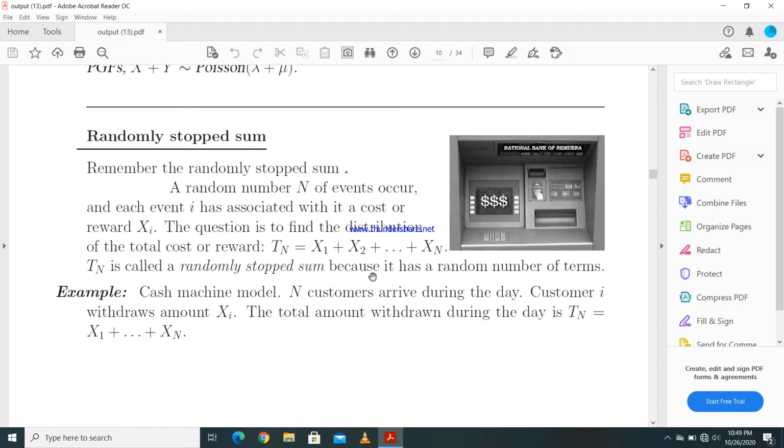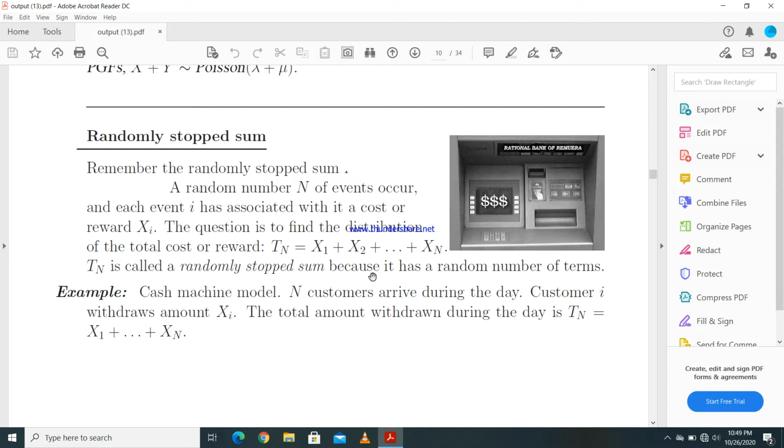If we assume they are using it for withdrawals, the number of customers coming on a specific day is a random number, and the amount they withdraw is also random, because different customers withdraw different amounts.